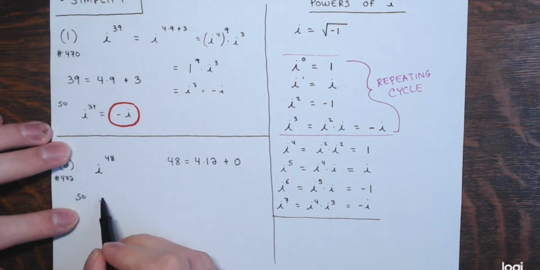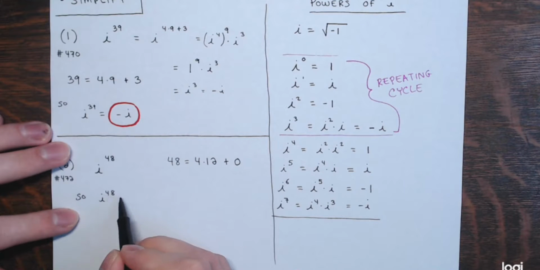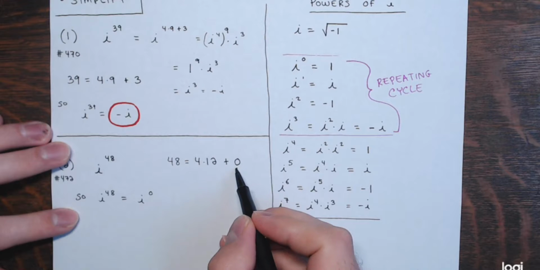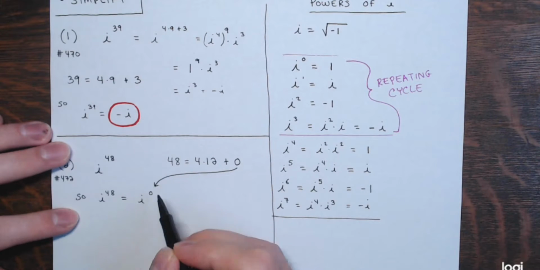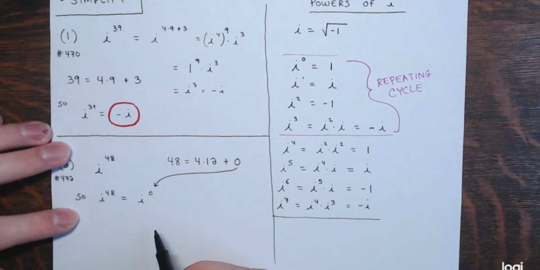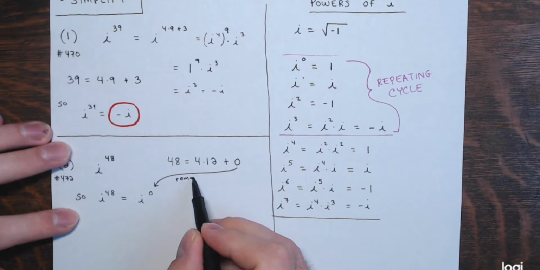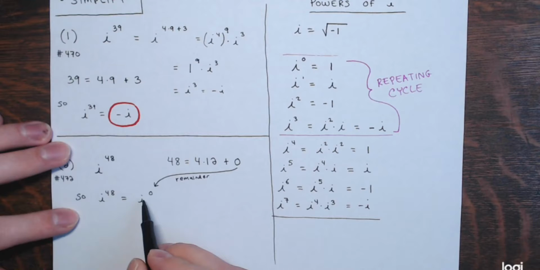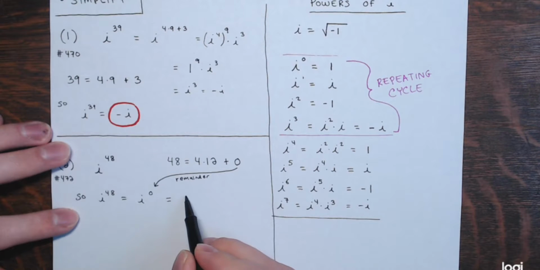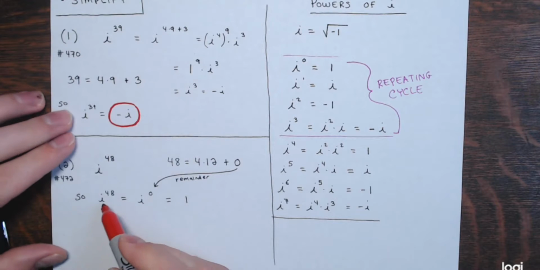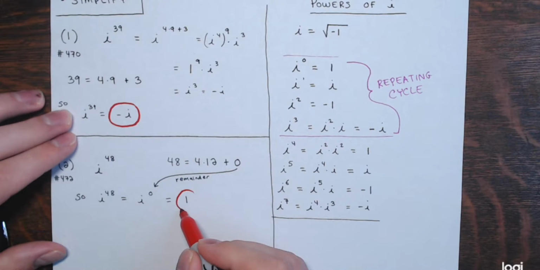So i to the 48th will be equal to i to the 0. Just the remainder. And i to the 0 is 1. So i to the 48th is 1. And that's it.